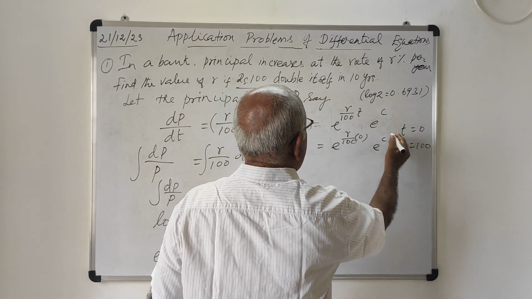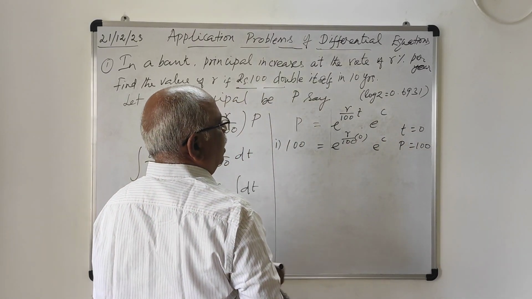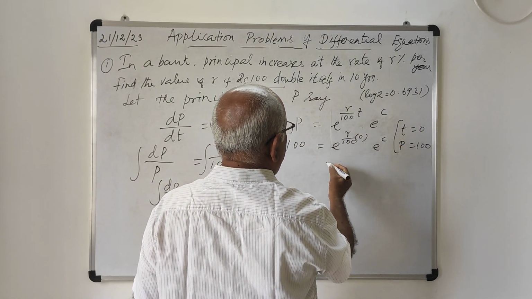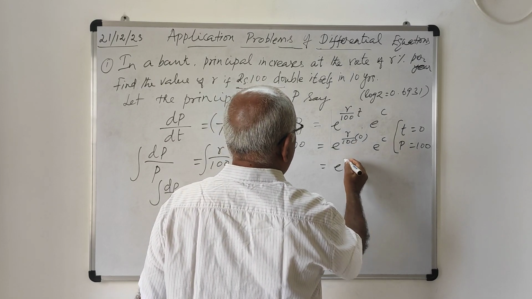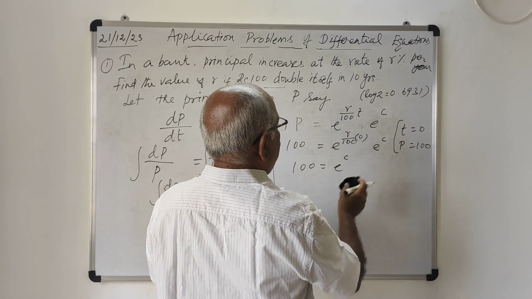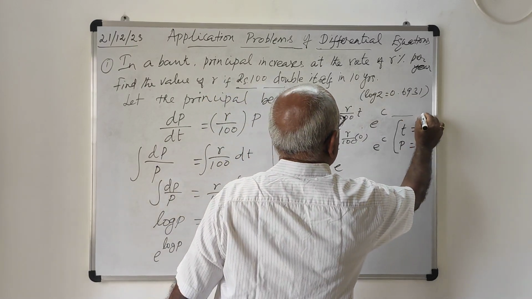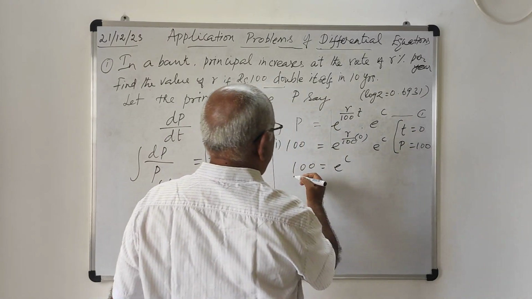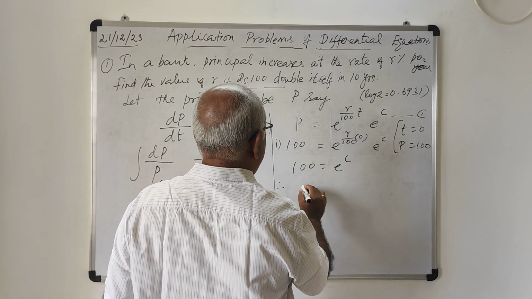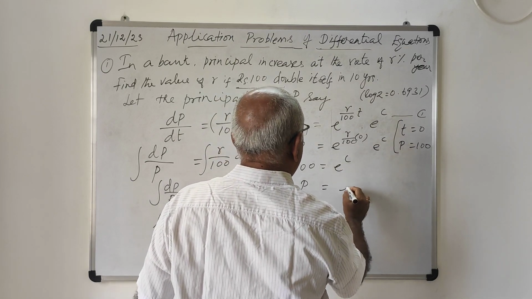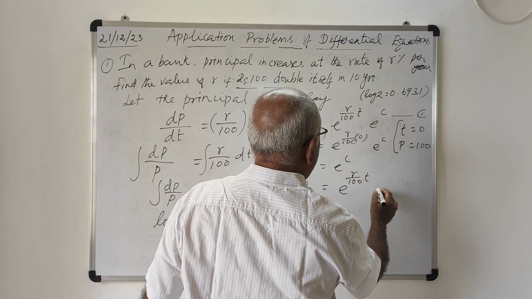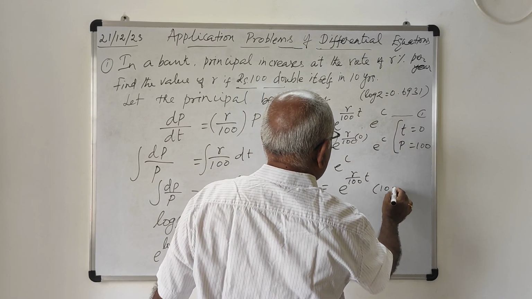This is our first condition. e power R by 100 into 0 is e power 0, e power 0 is 1, into e power c is e power c, which is 100. Now you replace e power c in equation 1. Instead of e power c, you substitute 100. Therefore, from 1, P equal to e power R by 100 into t into 100. This is our equation.